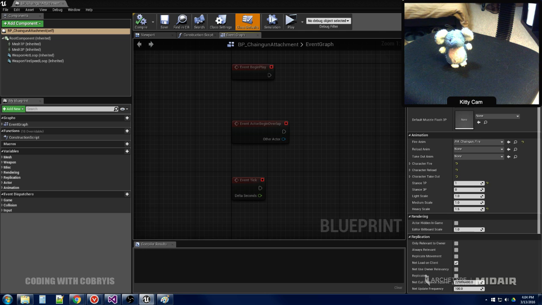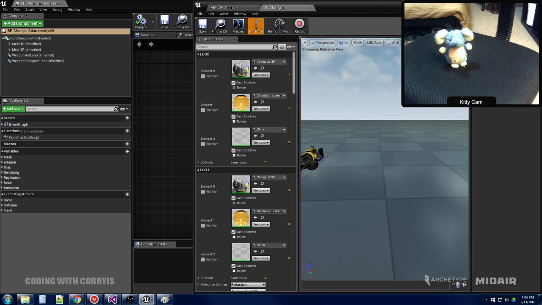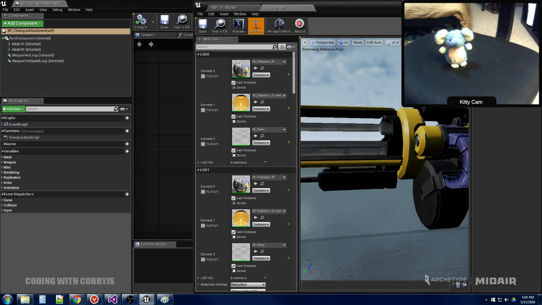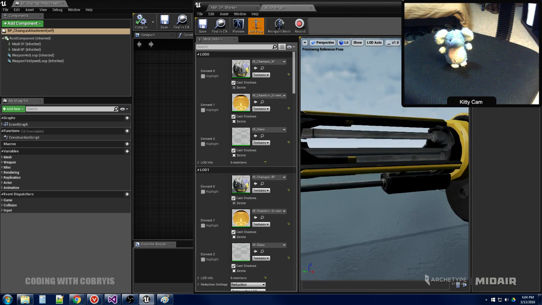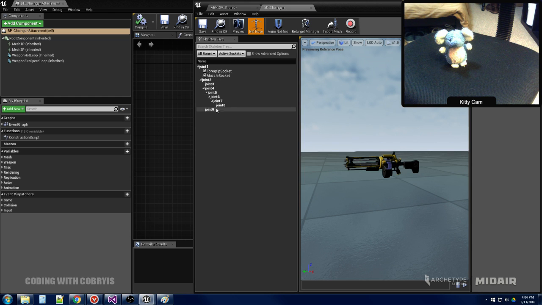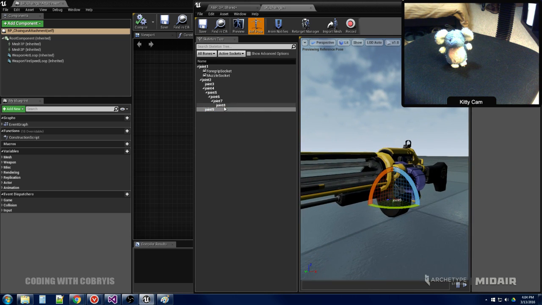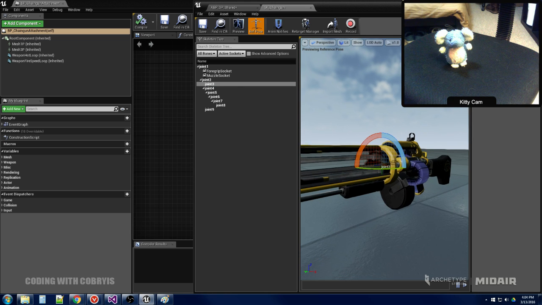If we open the SKM chain gun, and we go to the skeleton and we grab this guy right here. No, not that guy, that's the cartridge. Or the barrel, or whatever you call it. Alright, joint 3. We grab joint 3.